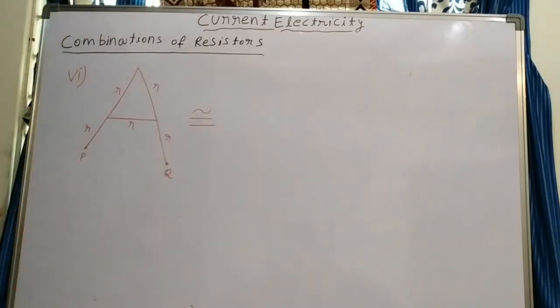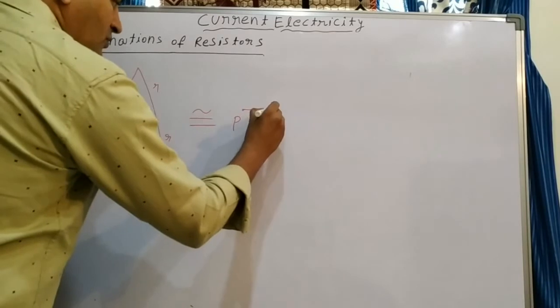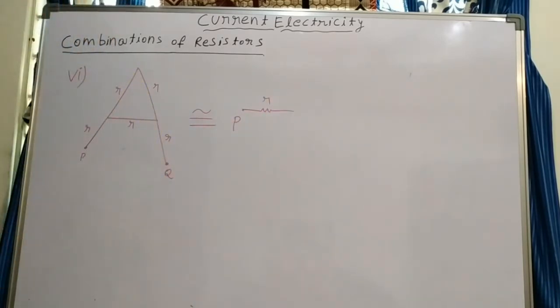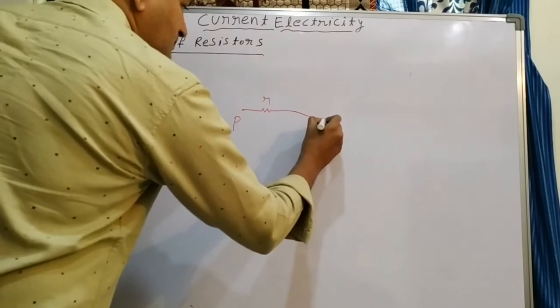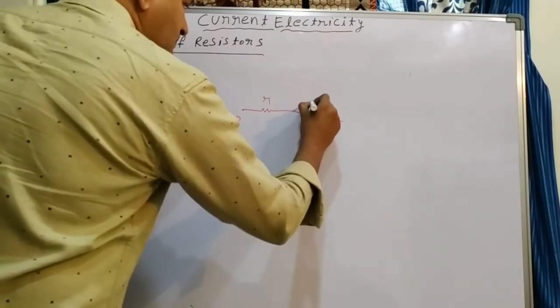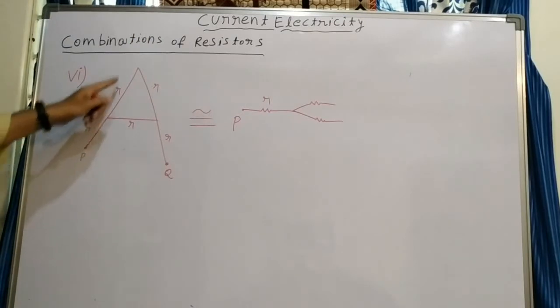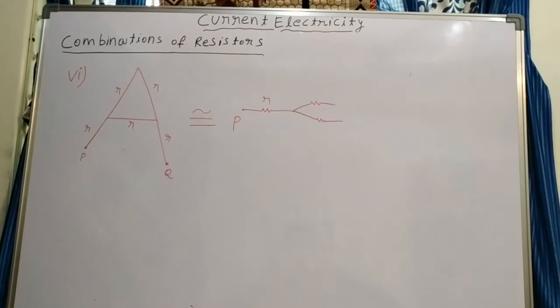For this we can write the equivalent circuit diagram. At point P, one resistor is there. This is the point P, one resistor. And that resistor is connected with 2 resistors. The other resistor is connected with one more resistance here and connected to the resistance here.